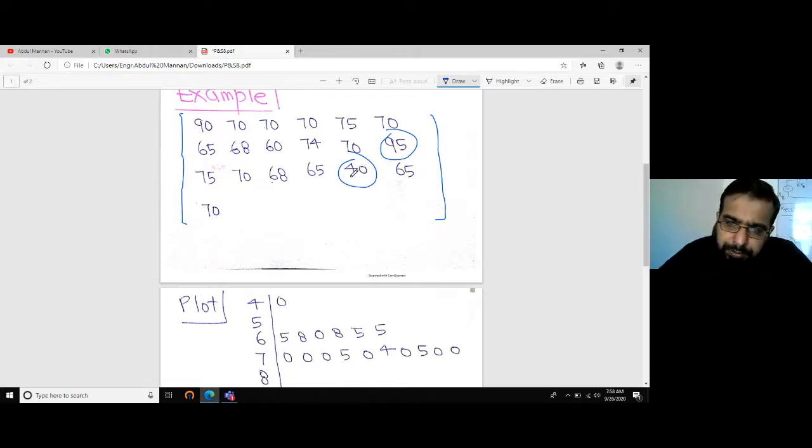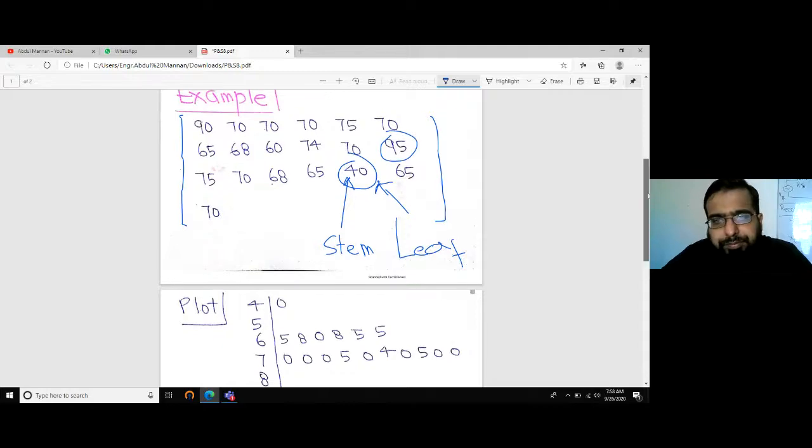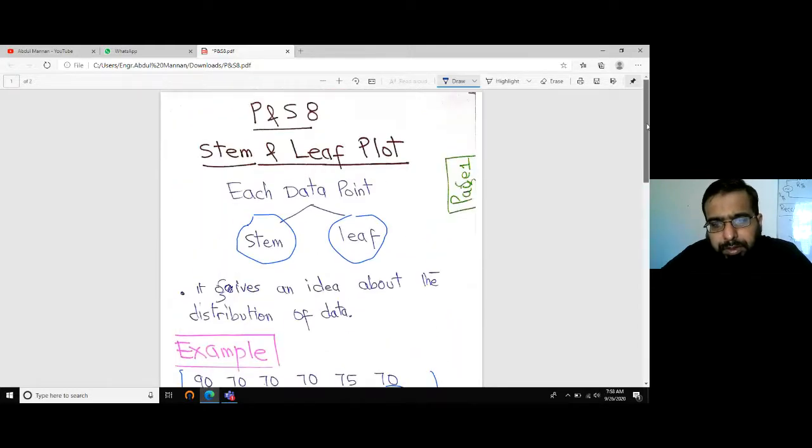So we select the tens digit in each data point as the stem, and we select the units digit as the leaf. So this is the stem, and this is the leaf. This is a stem and leaf plot.